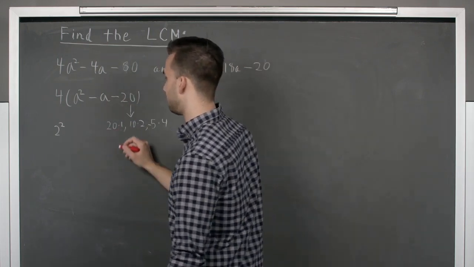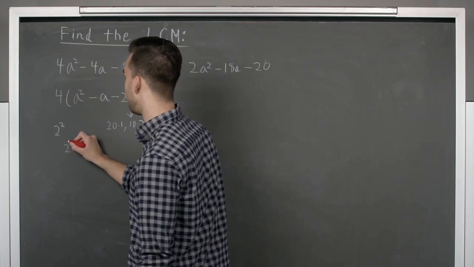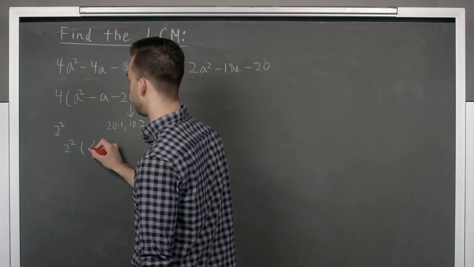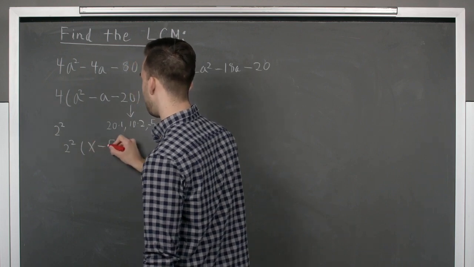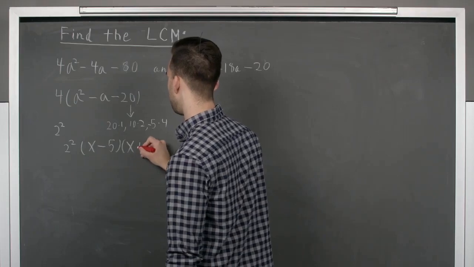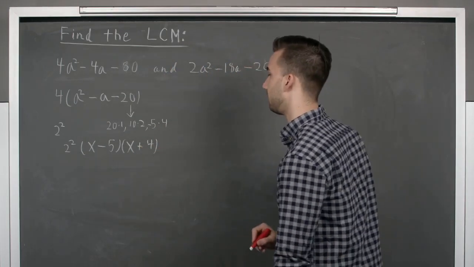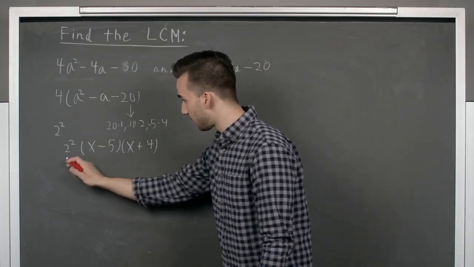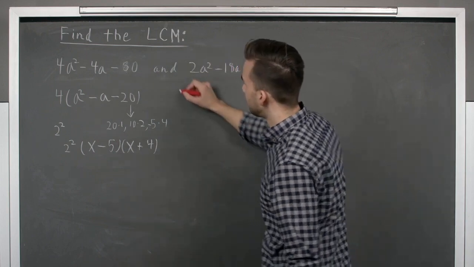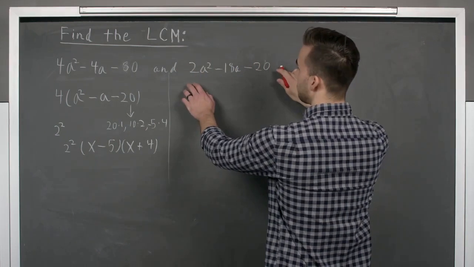So let's go ahead and just bring this all down again. Don't forget the 2 squared. So 2 squared times, our factored form here is a minus 5 times a plus 4, right? Based on our factors that we found up here. Can we factor this anymore? No, we cannot. So let's kind of separate this in our mind, and let's work on this factoring problem.